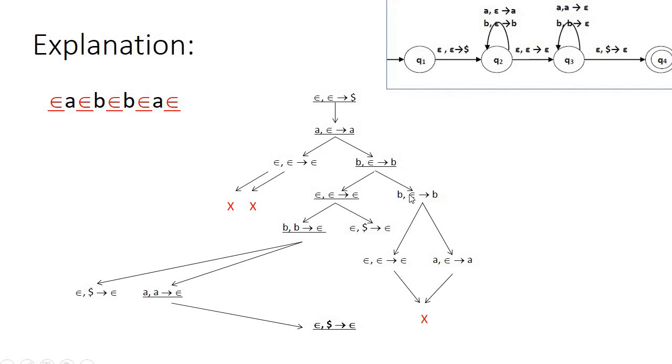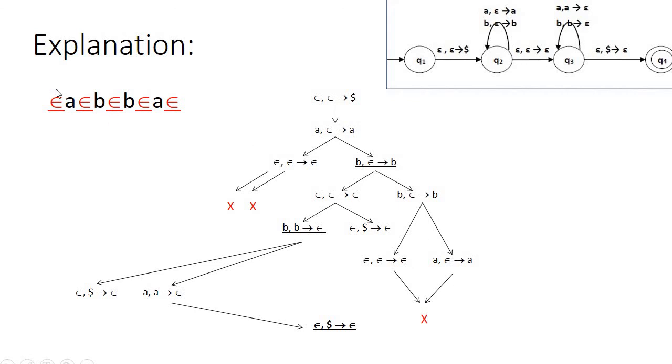If we ignore it, we simply stay at Q2 and keep adding values over the stack. We will be unable to remove the values from the stack, and we get stuck there. So you can see that this X defines the invalid execution. This particular path helps us to reach the final state.